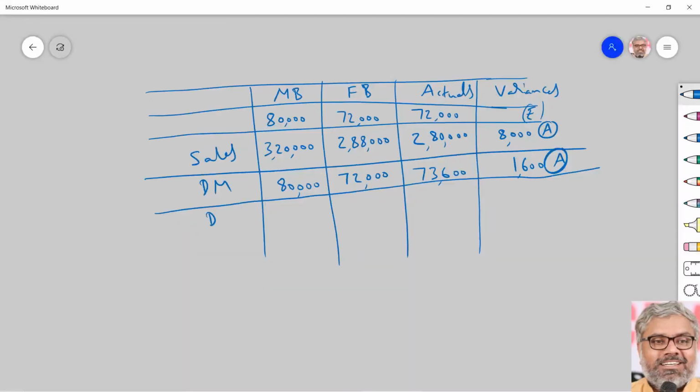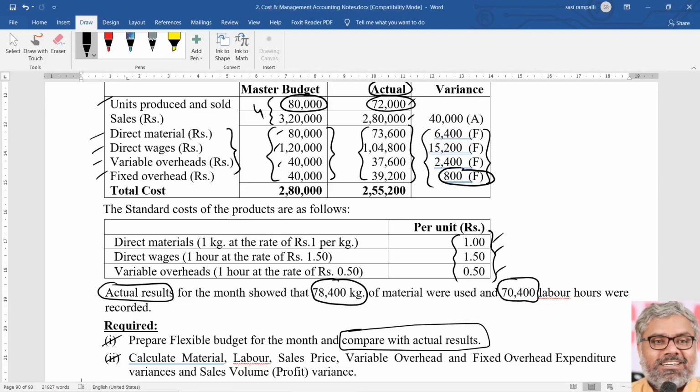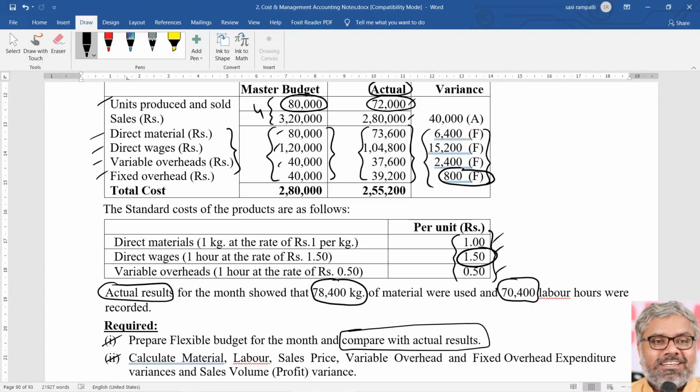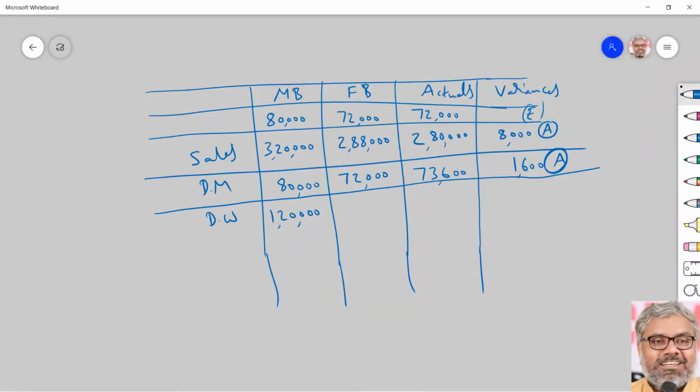Quickly, same way with direct wages also. All variable costs, variable things will have the same type of logic. So quickly let us go through the other things also. Direct wages, how much they will be? Master budget given 1,20,000. Per unit it was supposed to be 1.5. How many units are actually produced? 72,000 units. Means how much it was supposed to be as per flexible budget? 1,08,000 rupees.